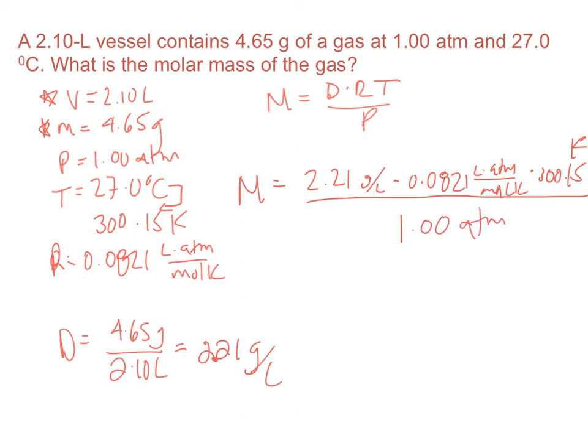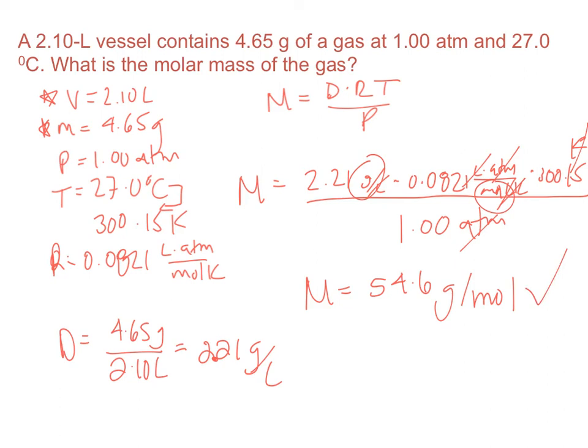If we plug this into our calculator, we should get a molar mass of 54.6 grams per mole. And if we look at the units in terms of cancellation, liters and liters cancel, atm and atm cancel, Kelvin and Kelvin cancel, so the only thing you have left is grams per mole, which is what we get for our units for this type of calculation.